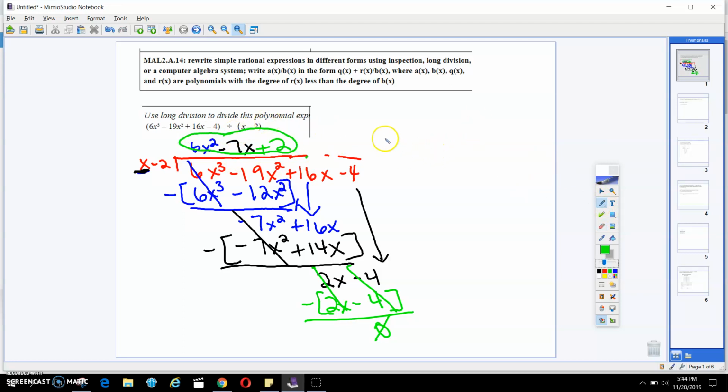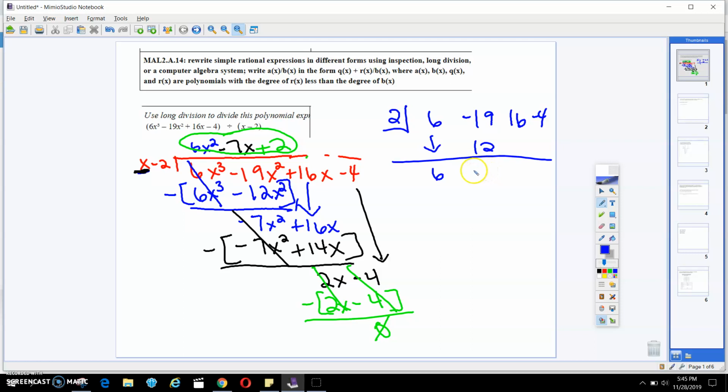Okay? I can do this with synthetic division. It's a lot faster. So really quickly, I'm going to change the sign of my divisor, which is going to make that positive 2. Put it in the little box. I'm going to list out all my coefficients in descending exponent order. Bring down that first term. Multiply those two.